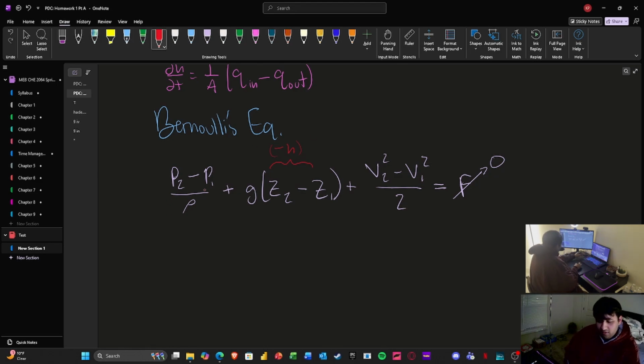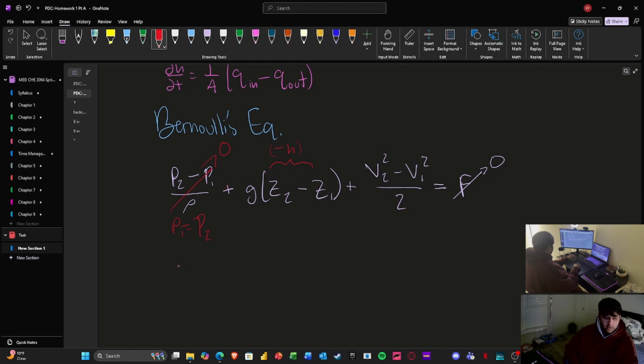For those two points that we picked, you can see that they're both exposed to the atmosphere. So in terms of pressure, they will be the same. So P1 will be equal to P2, and this will be 0. Then for velocity, what we're looking at is the outlet flow.